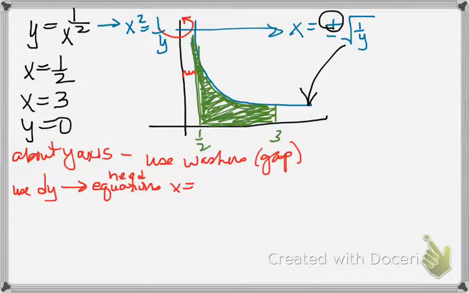Okay, so now if I start drawing in the radii, a few of them, just to start to see what they look like. Of course, I can see that there's a gap.